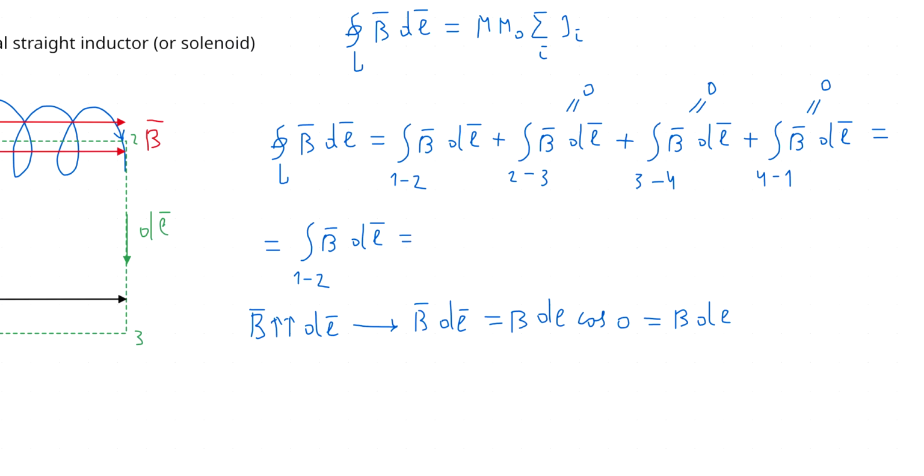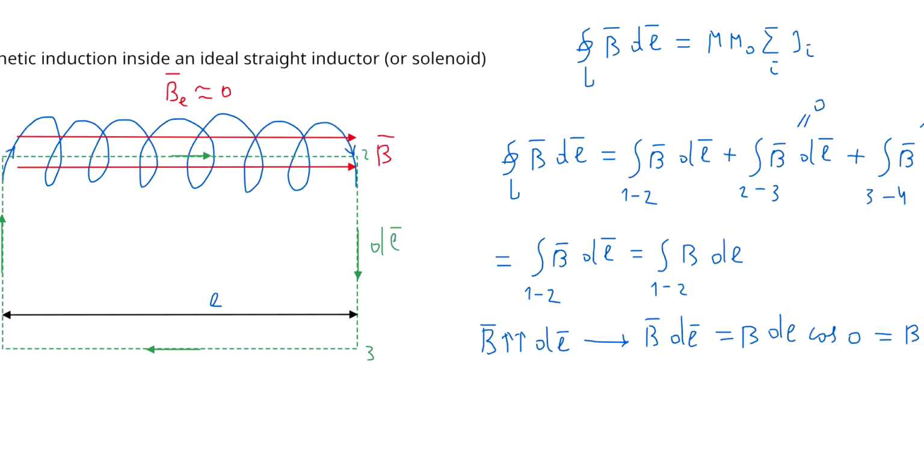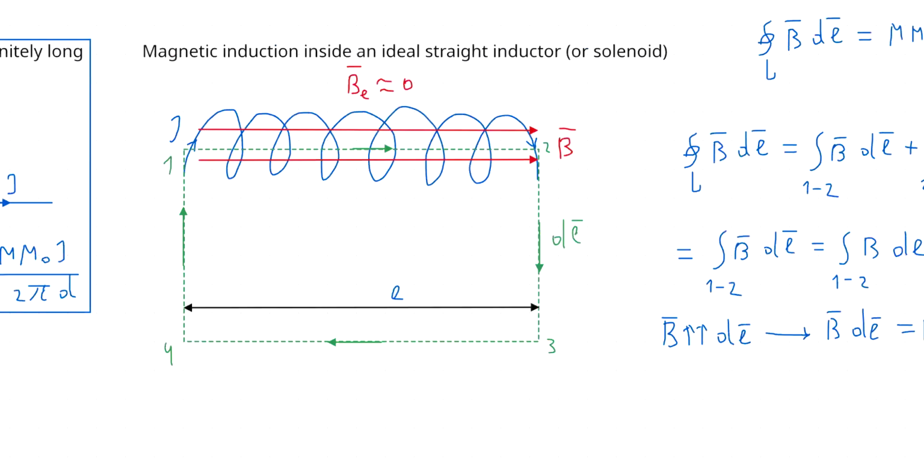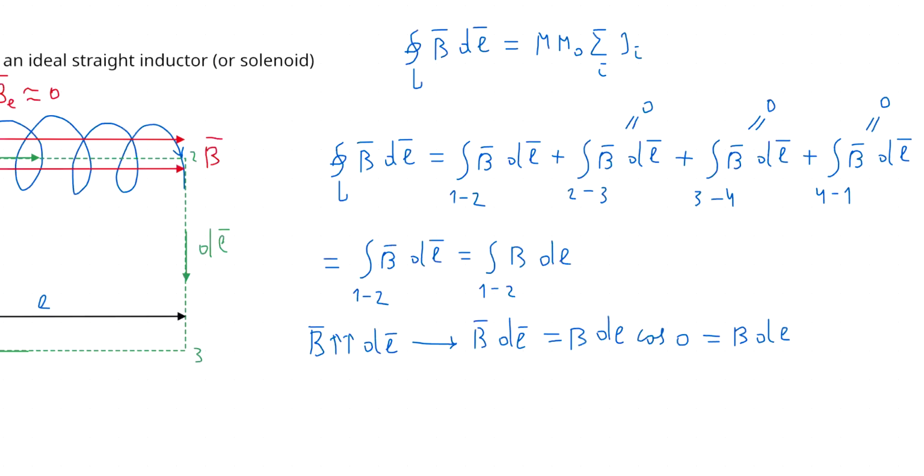So it will be integral on side 1 2 of B dl, without vectors. The magnetic field inside the inductor is homogeneous. It means that it doesn't depend on dl and may be written outside of the integral.